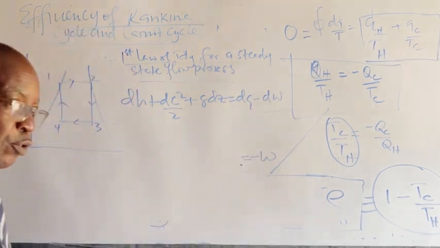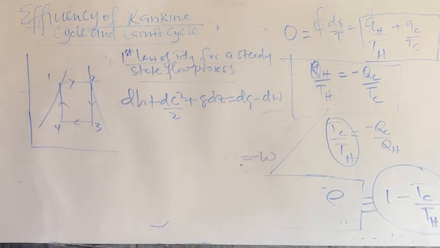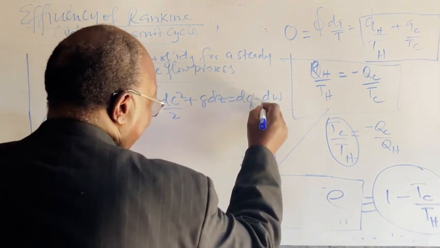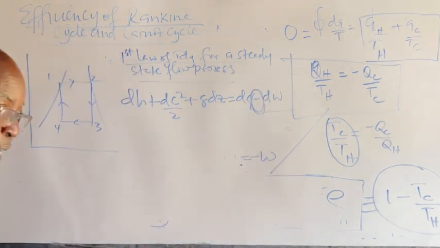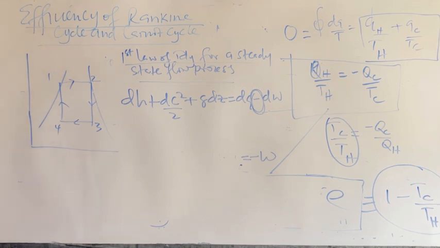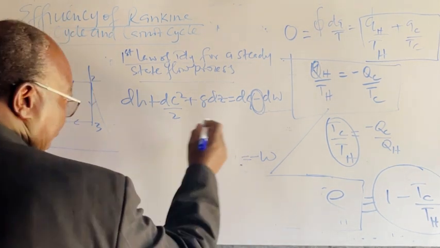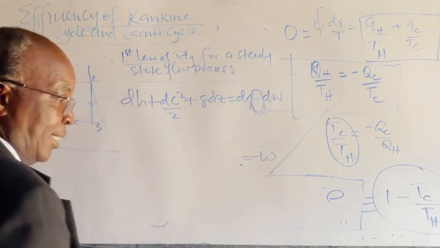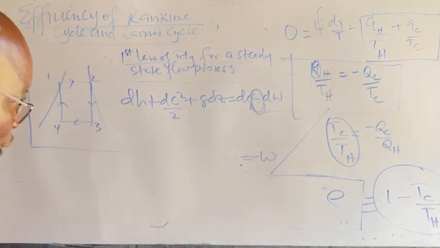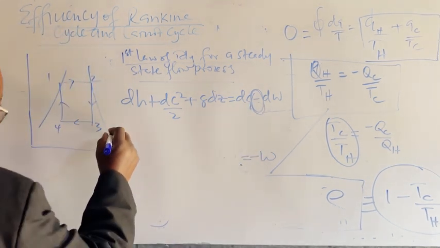At this point, I want to mention something. Don't be awfully worried in thermodynamics about negative and positive. Rationalize your answers, because minus or plus are notations in thermodynamics. I just want you to take note of that.